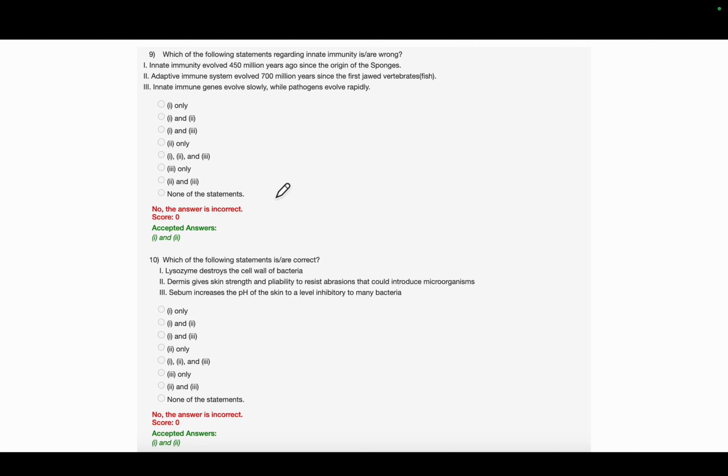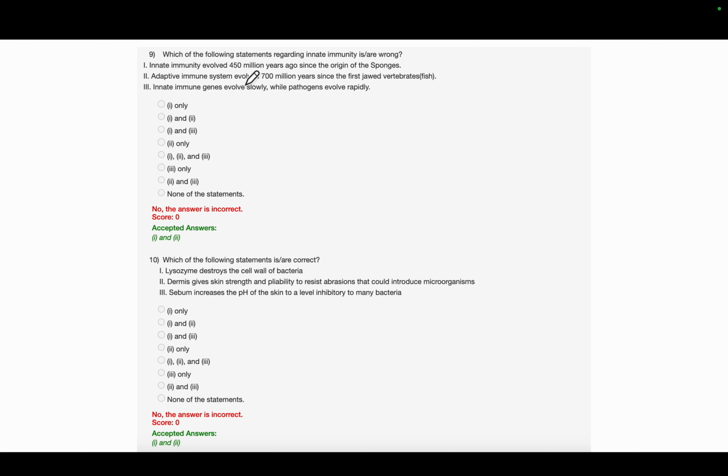Which of the following statements regarding innate immunity is or are wrong?